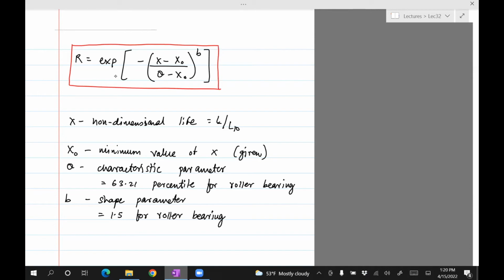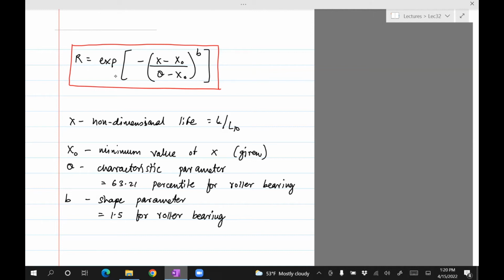Okay, so basically you are given the values for these constants. The value for these parameters depends on the shape of the Weibull distribution. And there are many types of Weibull distributions, and you can read about it in Wikipedia. Okay, so why are we doing Weibull distribution? What Weibull distribution helps us do is, we have so far computed the bearing life at 90% reliability, but what if we want to find the bearing life at 95% reliability or 99% reliability?